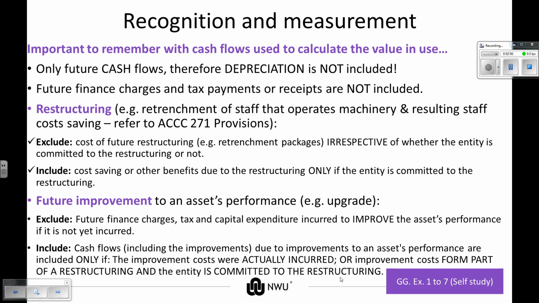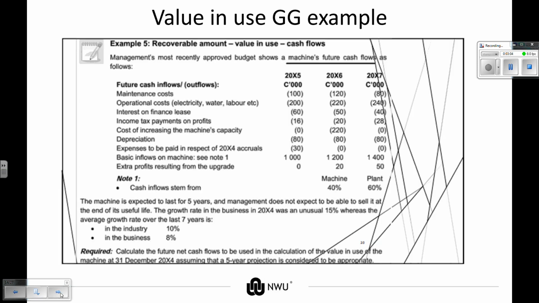So please make sure that you understand and work through your Gripping GAAP with regards to restructuring and future improvements. If we look at a Gripping GAAP example, they've given us management's most recent approved budgets for 3 years, and they ask us to calculate the net cash flows to be used in the value in use calculation for the machine.